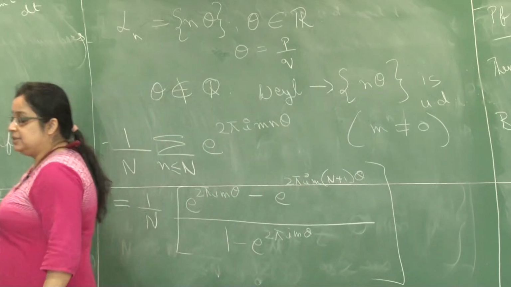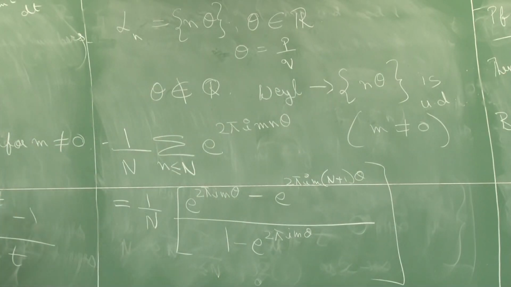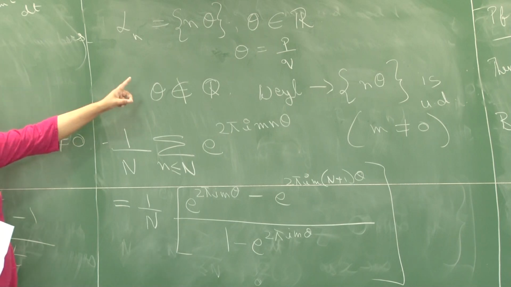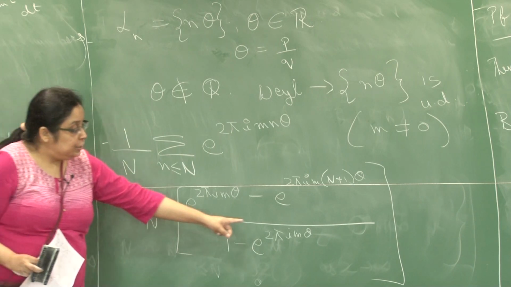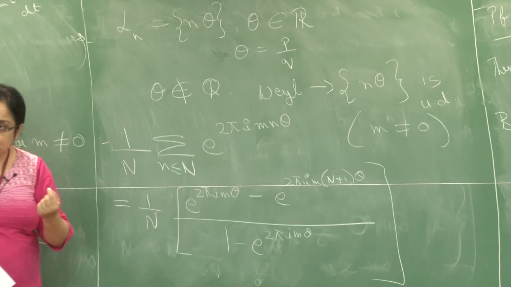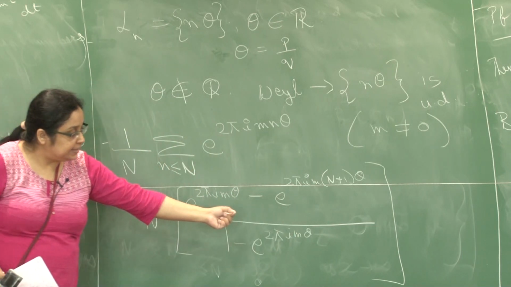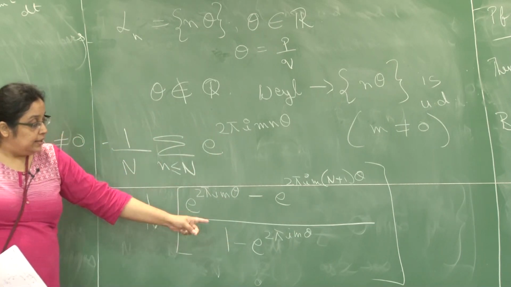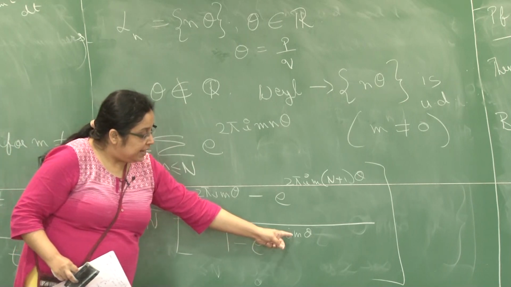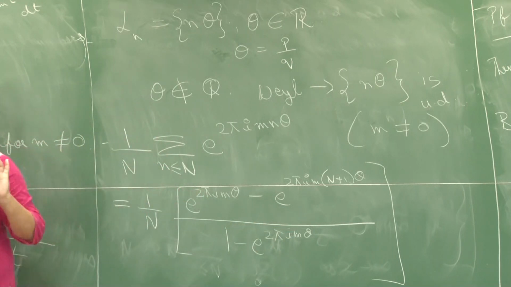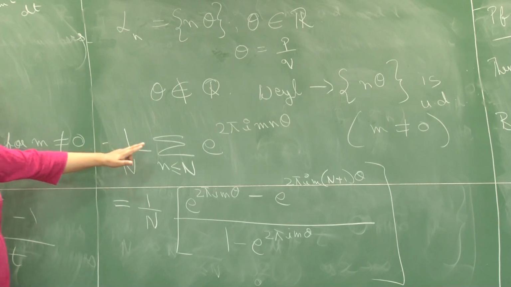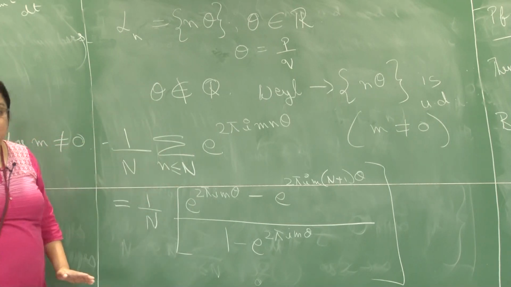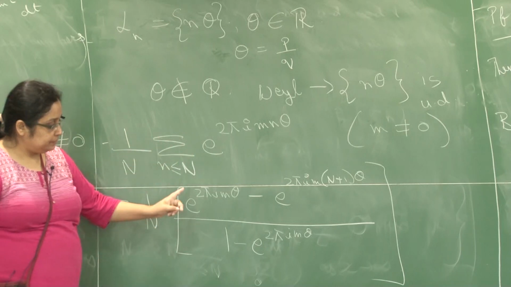What happens to this sequence as capital N goes to infinity? Notice, since theta is not a rational number, m is some fixed non-zero integer and theta is an irrational number, then e to the 2 pi i m theta cannot be equal to 1. So, the denominator is non-zero, right. So, let us take the absolute values of these terms.